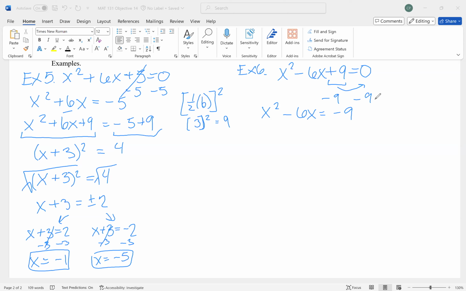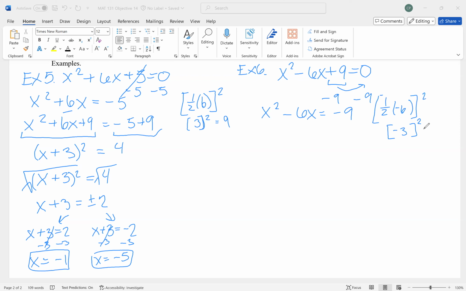So I need to complete the square. I'm going to do 1/2 times the coefficient of x, which in this case is negative 6, squared. 1/2 times negative 6 is negative 3.